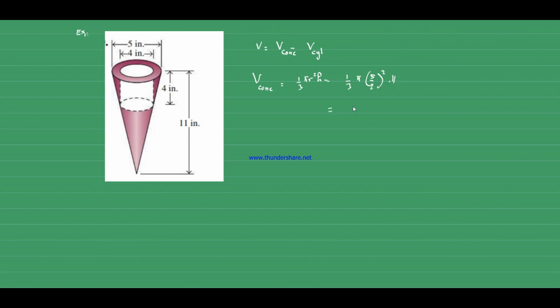So over here you have 1/3 pi 25/4 times 11, which gives you a pretty big number, and it's not a nice number at all. So we have 25 times 11, then you divide by 12.